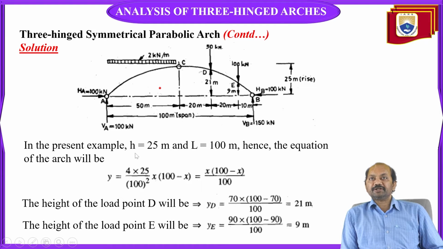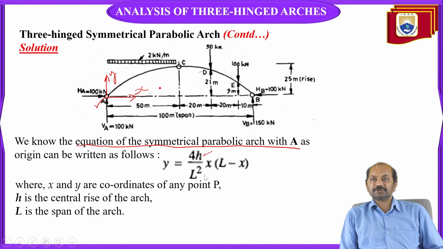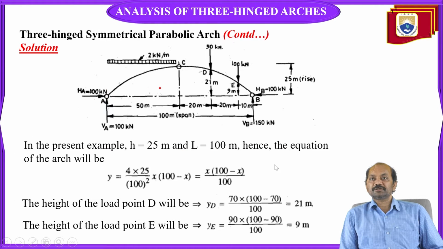Okay, in the present example, continuation of the problem, h is equal to 25 meters, L is equal to 100 meters. Hence, the equation of the arch will become, substituting in this equation, y is equal to 4 into 25 divided by 100 square into x into 100 minus x.